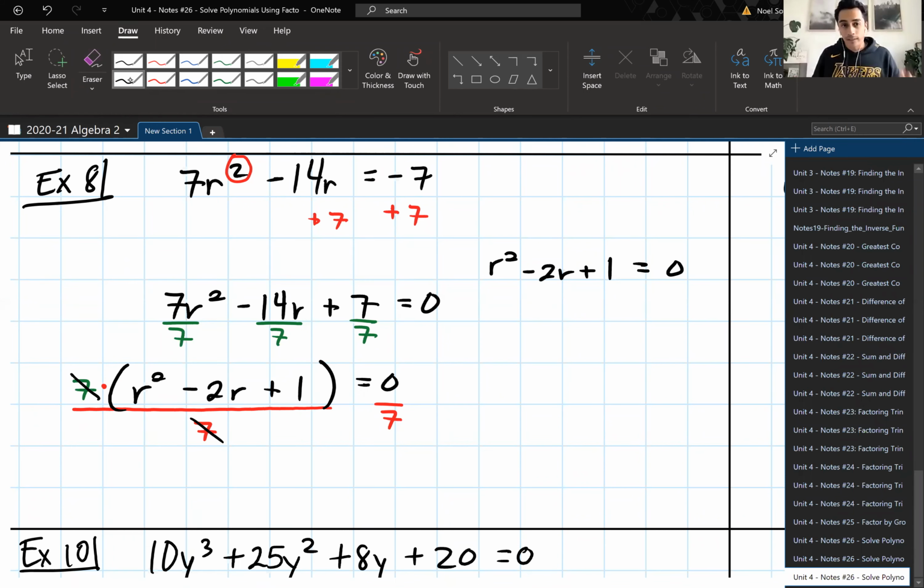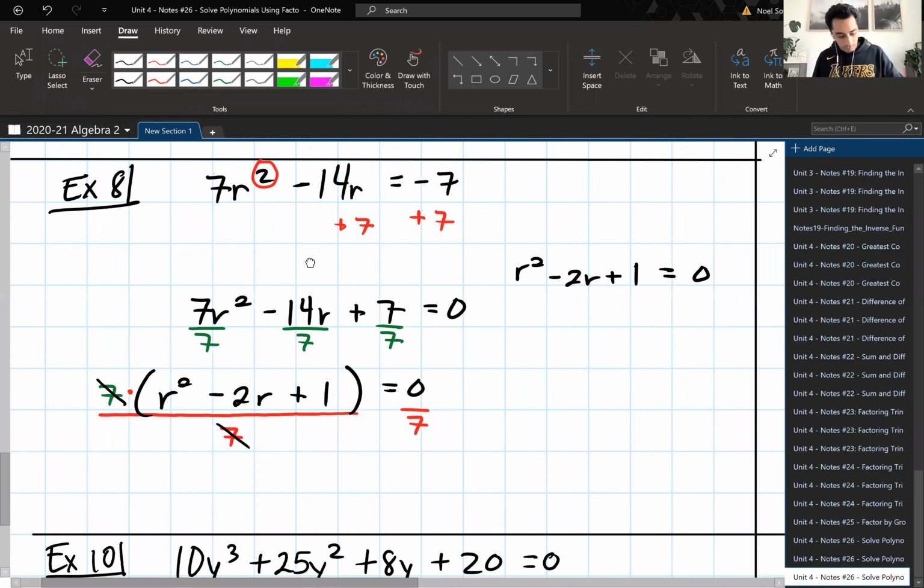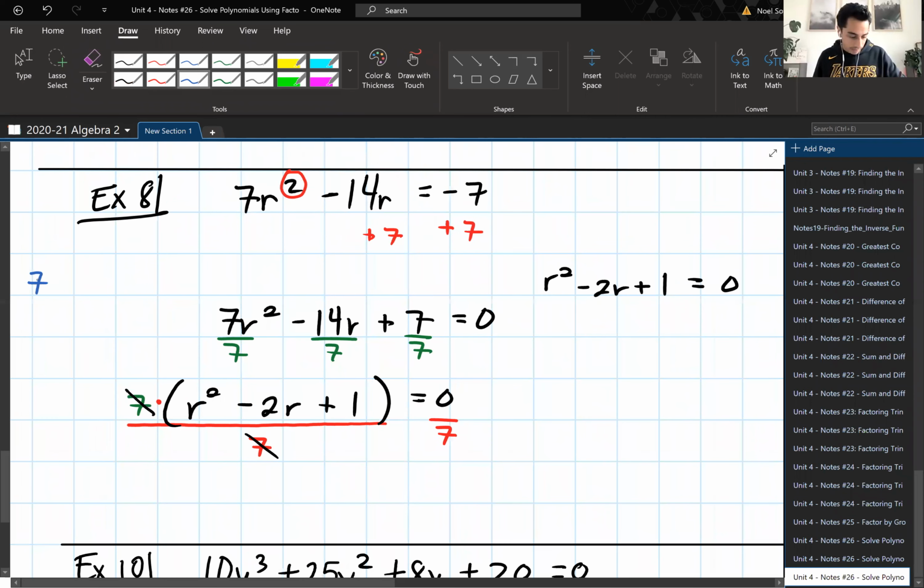We divided by 7. It's the same thing as if we would have had 7 times x equals 0. You divide both sides by 7. That's the idea, right?